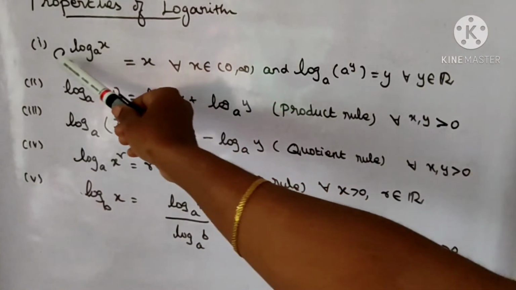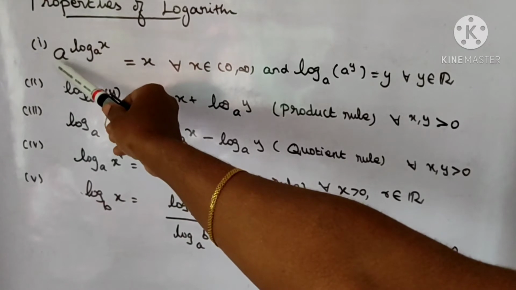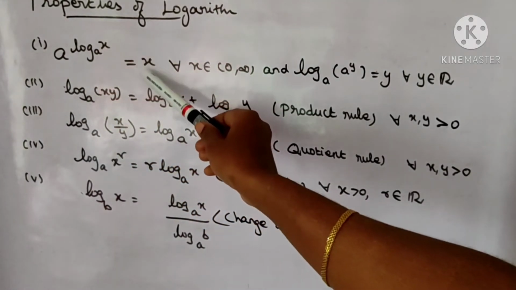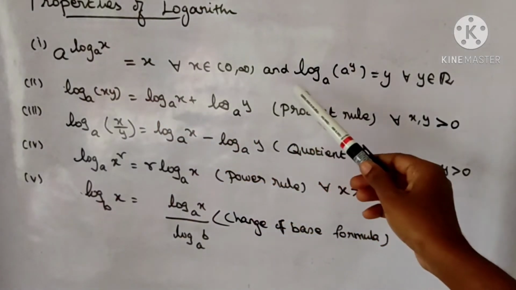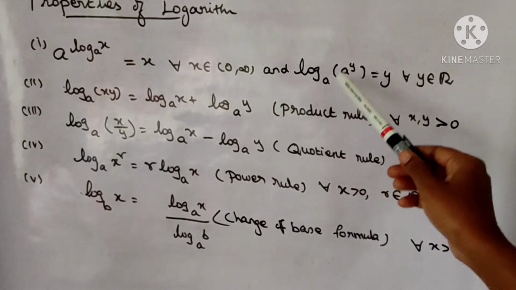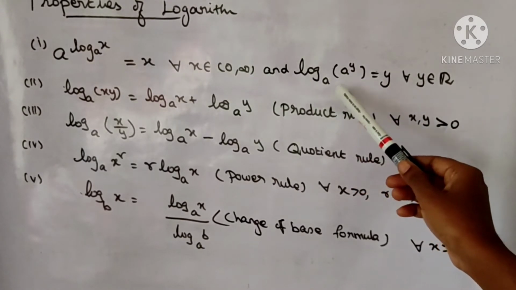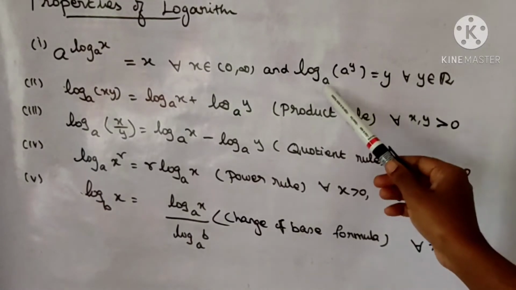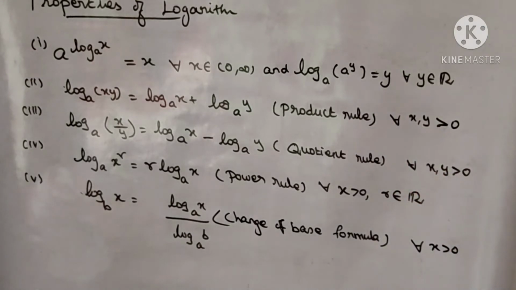The base value and the radicand value are equal, so we get the value x. And log base a of a power y is equal to y, because these two terms are cancelled, we get y, for all y belongs to R.